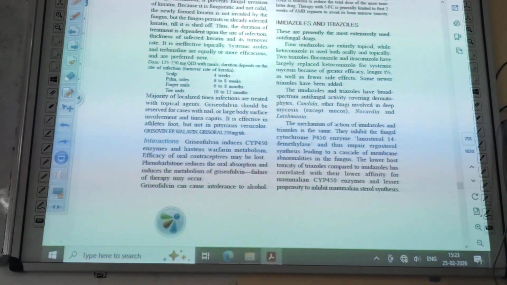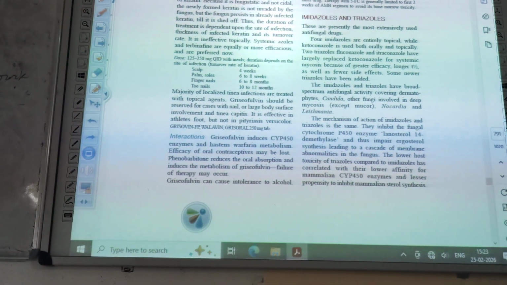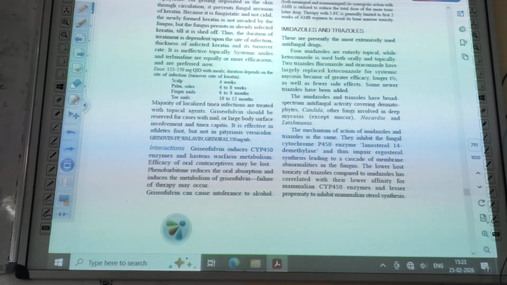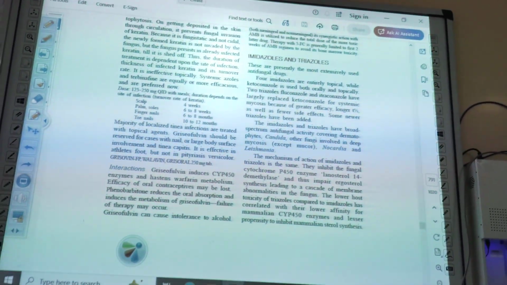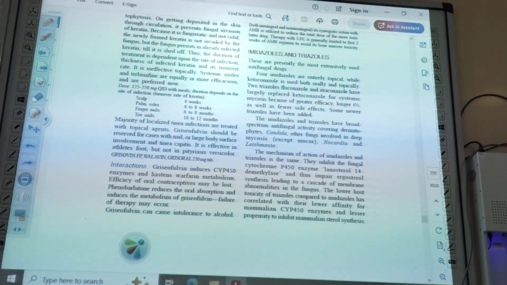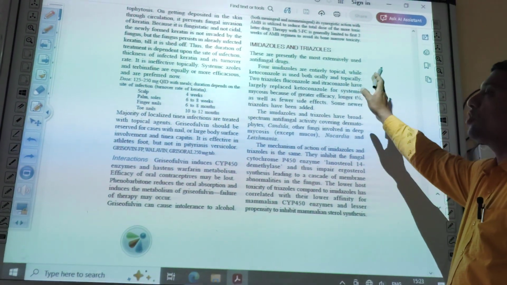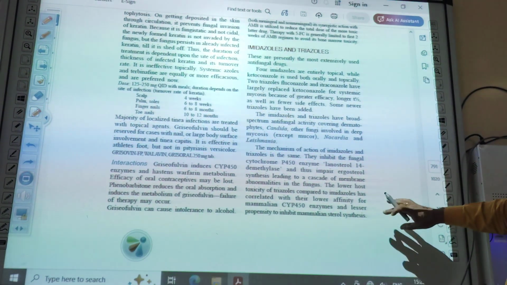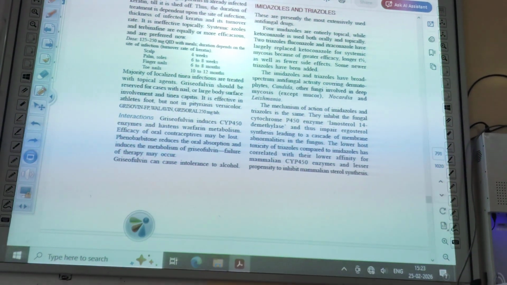Any type of fungal infection is treated by imidazoles and triazoles. Fluconazole, itraconazole and ketoconazole are used both orally and topically. Okay, only ketoconazole. The mechanism of action of imidazole and triazole is the same.